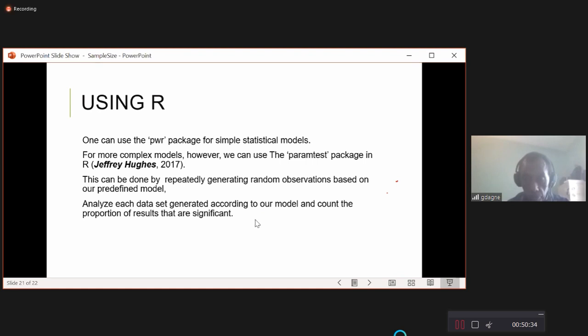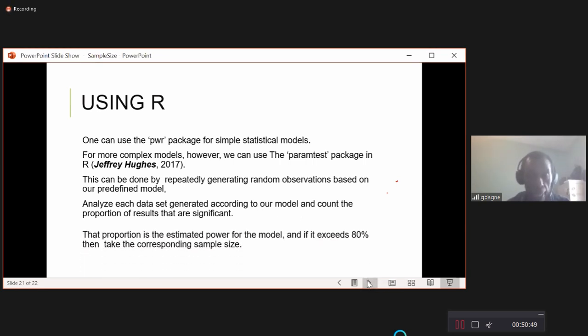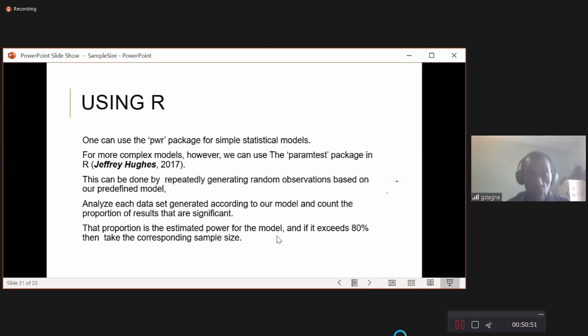If the p-value happens to be less than 0.05, you count those. You can repeat these things 1,000 times, 5,000 times. The computers these days are faster, so you can do these simulations over and over. And the proportion is the estimated power for the model.